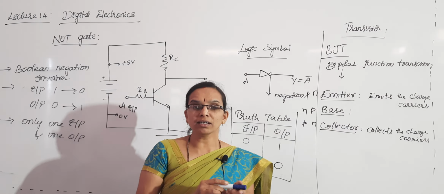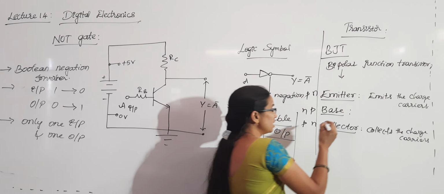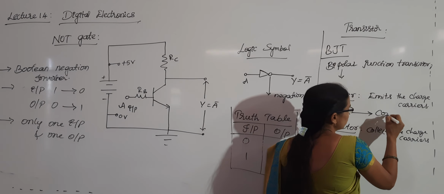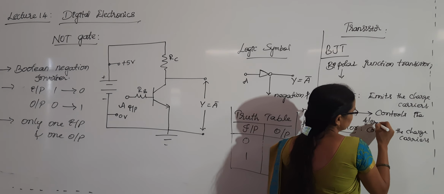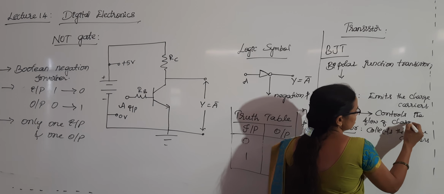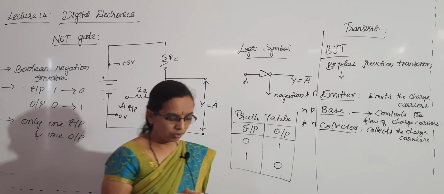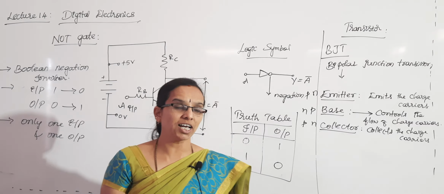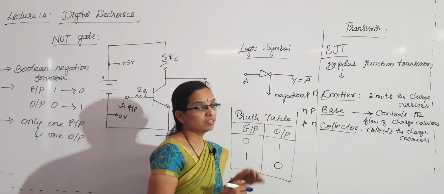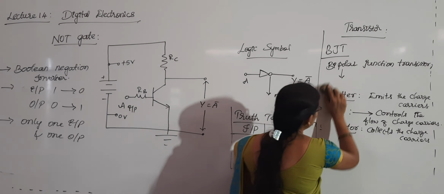That means the emitter emits the electrons if it is an NPN transistor, and the collector collects the electrons, whereas the base is in between, which controls the flow of these charge carriers. Emitter emits the charge carriers, collector collects them, and base controls the flow of these charge carriers.